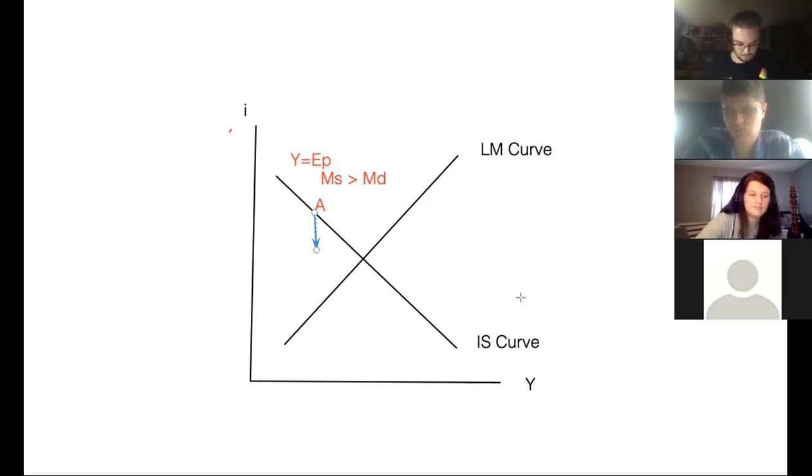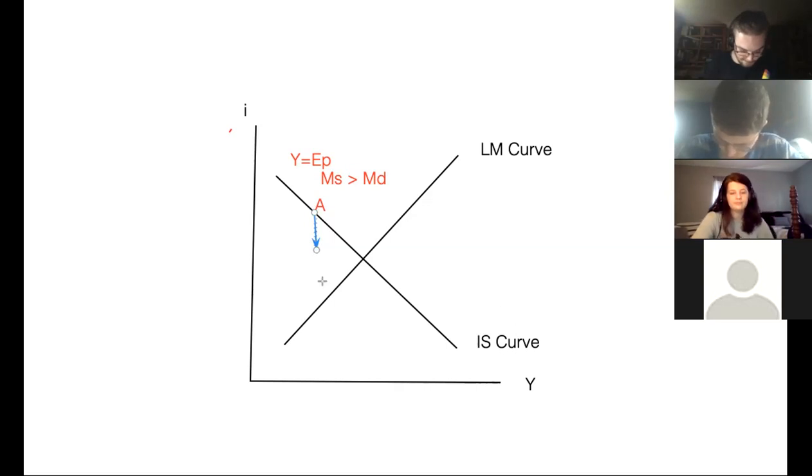If we're under the IS curve, what's the relationship between Y and EP? Notice lower interest rates, higher EP than it was before, right? Lower interest rates, higher EP.